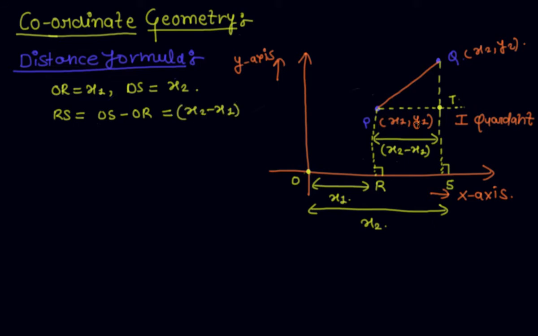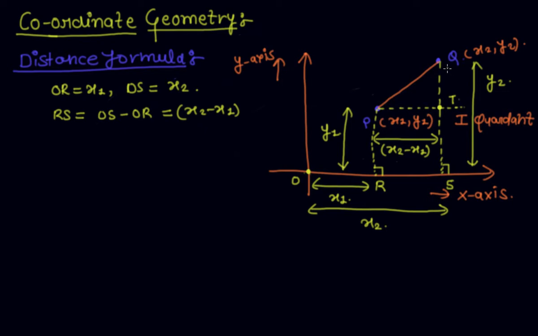Now again, SQ equal to y2. This SQ is equal to y2, and ST or PR equal to this ST, and this PR equal to y1, because if I see the coordinate of point P x1 comma y1, so the vertical distance is y1, and if I see the coordinate of Q x2 comma y2, the vertical distance is y2.